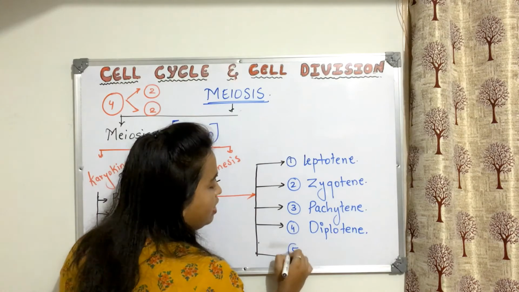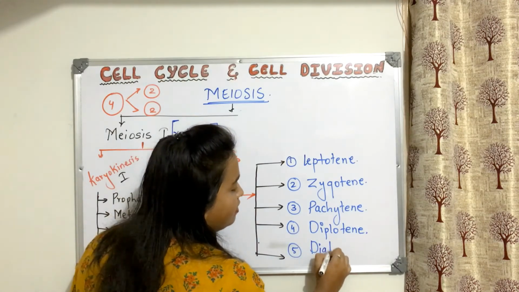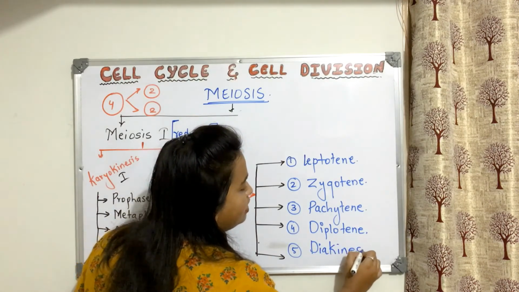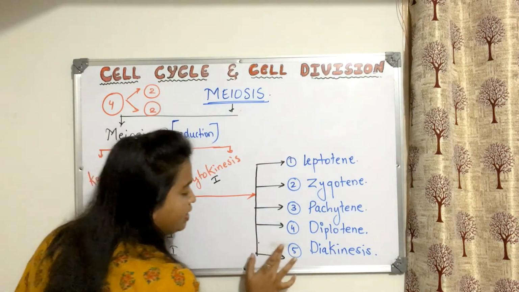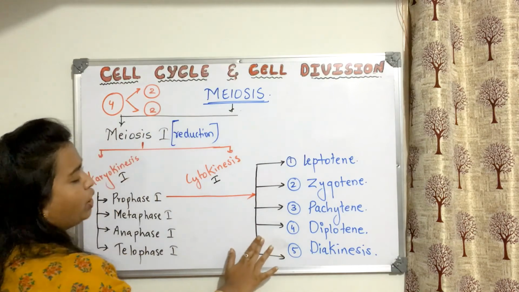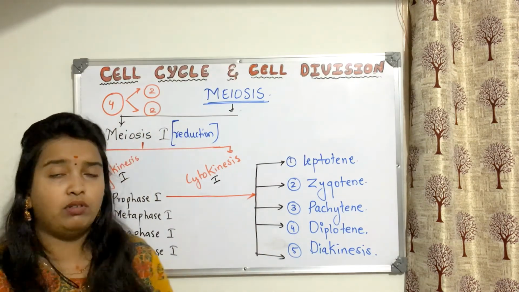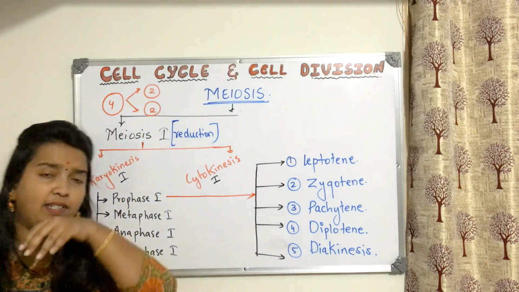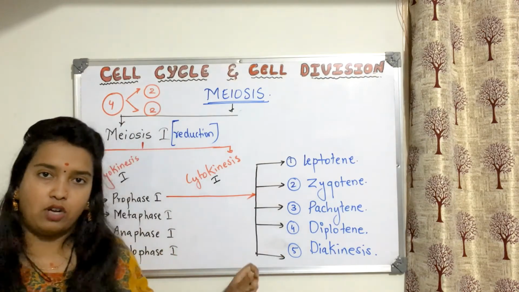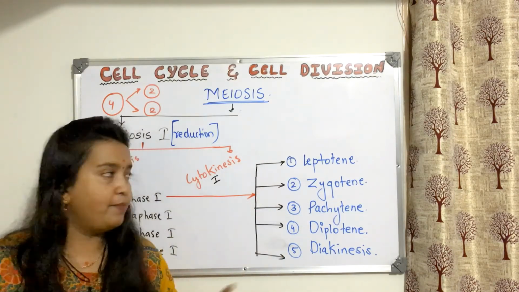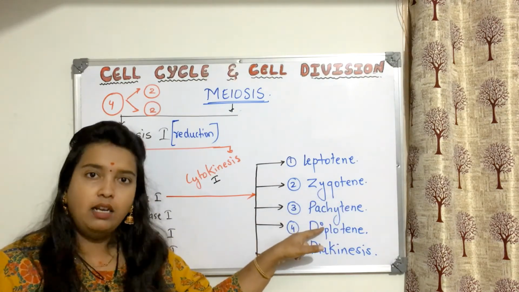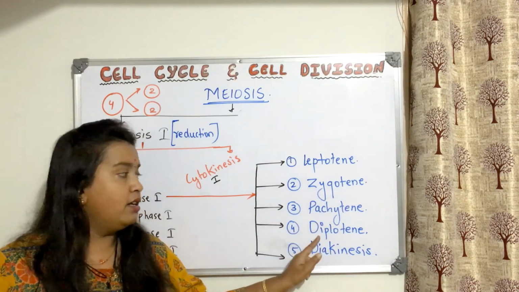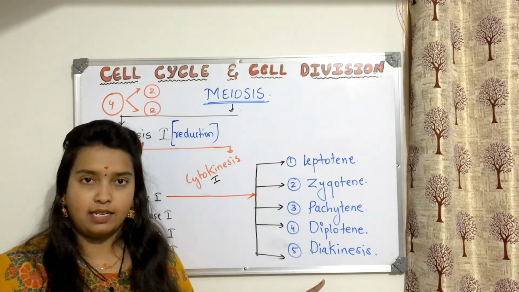And the last is diakinesis. Students may have problems with pronunciation, but however you want, you can remember. Ultimately, you should know the spellings properly and know what is happening in that concept. Leptotene, zygotene, pachytene, diplotene and diakinesis.